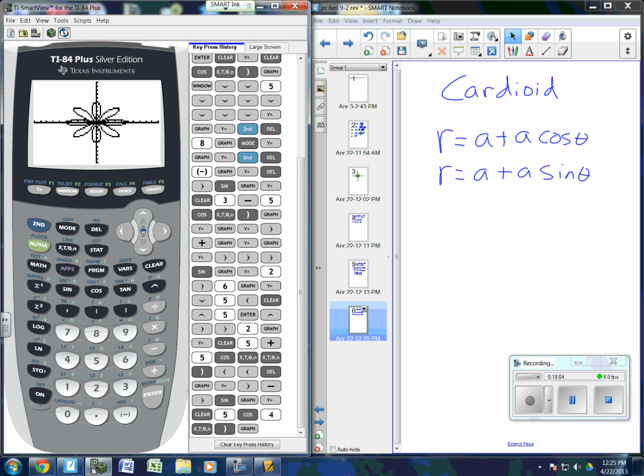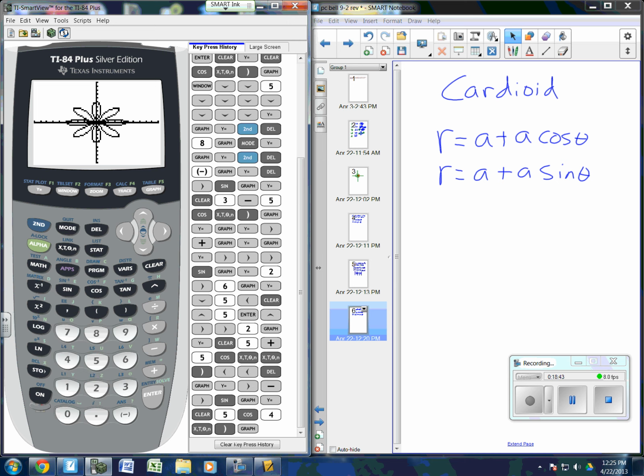Okay, so to get 8 petals, you guys, the number that goes by theta is half the number of petals you want. Why doesn't it do that with odd numbers? This is a very important point. Ramon answered this: the second time it goes around, it just retraces those 5 petals, whereas on an even one, they're all separate petals.